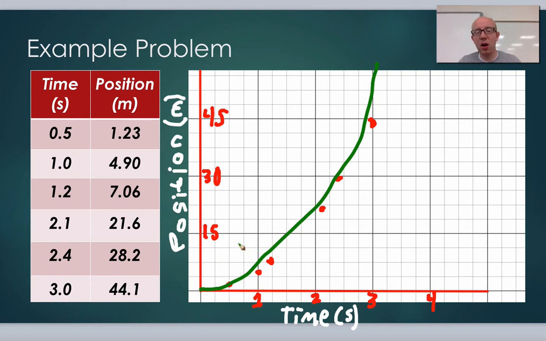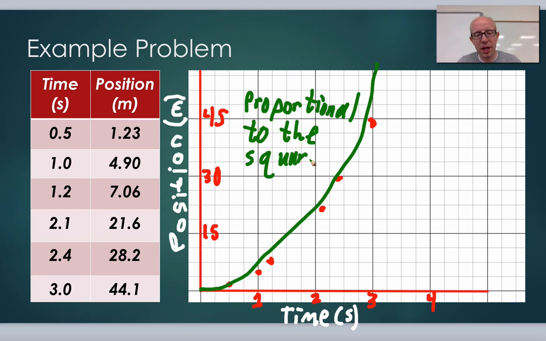And so last of all, for determining the type of relationship, this is what we call proportional to the square. Okay? And there we go. Again, you wouldn't write it in the grid like this. It would be a separate part where you write the relationship. But that's our graph. We got our data, we got our equally spaced axes, and we got our best fit curve in this case, and what relationship it is.